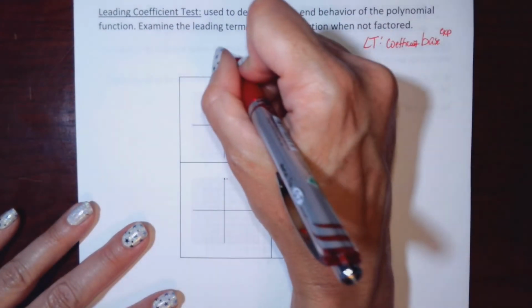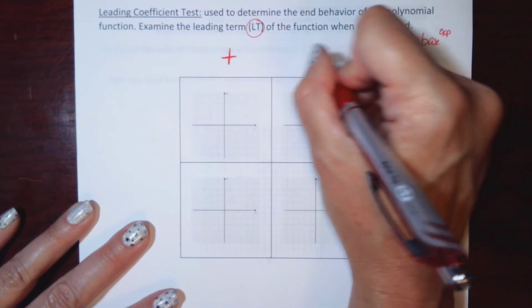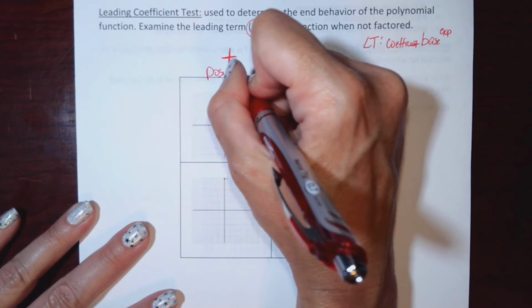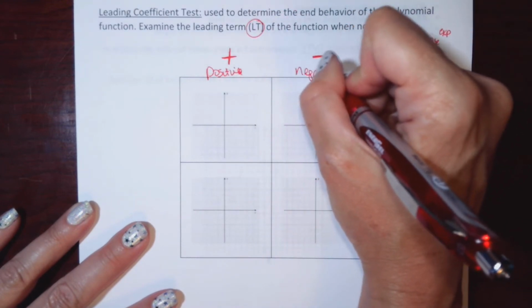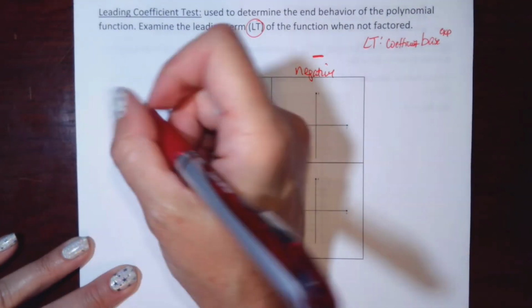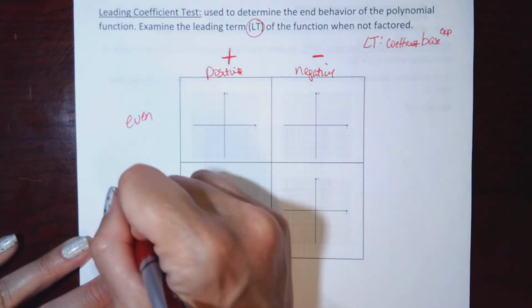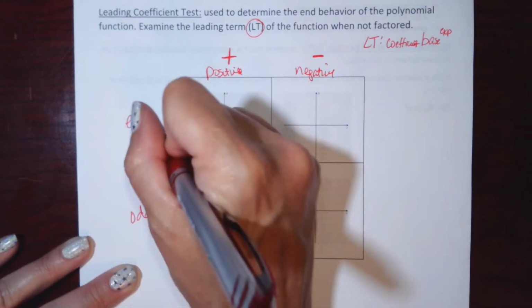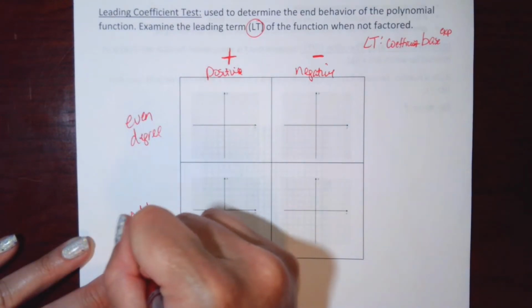That coefficient is either positive or negative. And that degree, that exponent, is either going to be even or odd. So we're interested in the coefficient and we're interested in the degree.